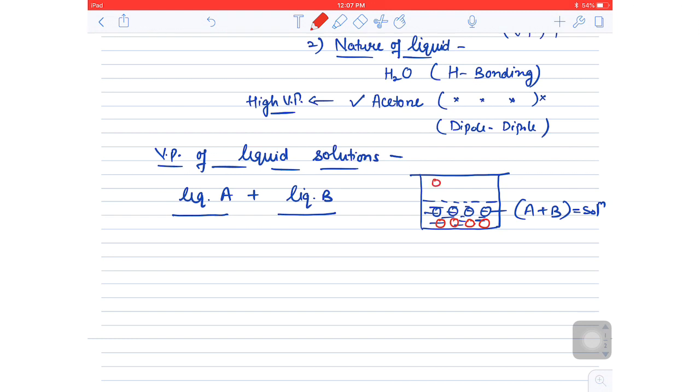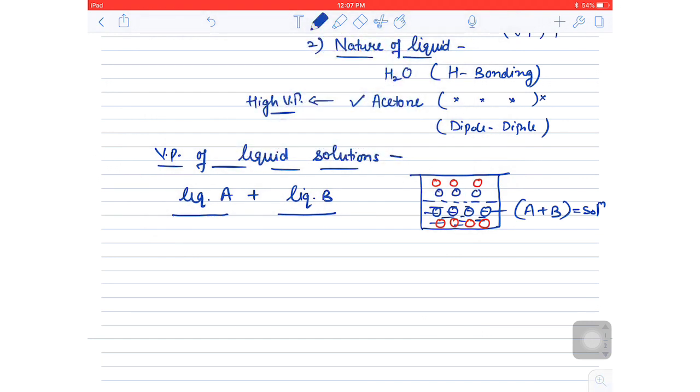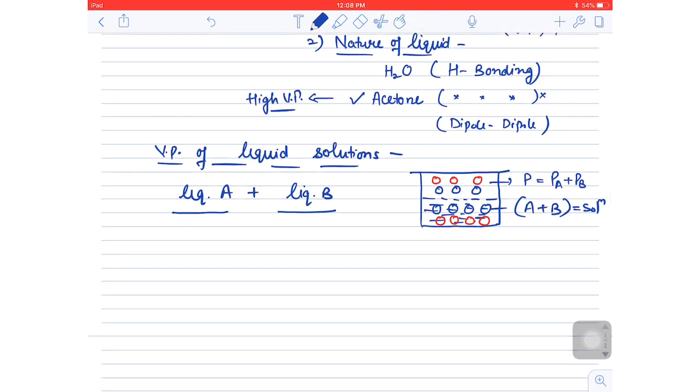Both of these liquids will form vapors and they will exert pressure. Now the vapor pressure here will be due to the pressure of liquid A and the pressure of liquid B, as both of these liquids are forming vapors and these vapors are exerting pressure.